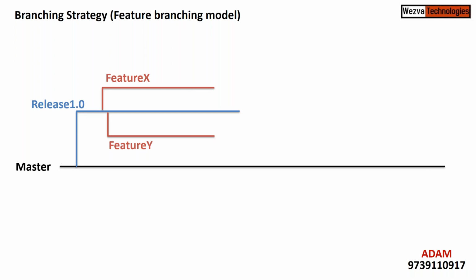In the same way, whoever is interested in working on feature Y or another feature, they are going to modify everything here. Okay, so this way everyone will be modifying the changes, and typically when QA has to test for the first time, they will also be doing the testing over here. So the functional testing will happen on the feature branches.